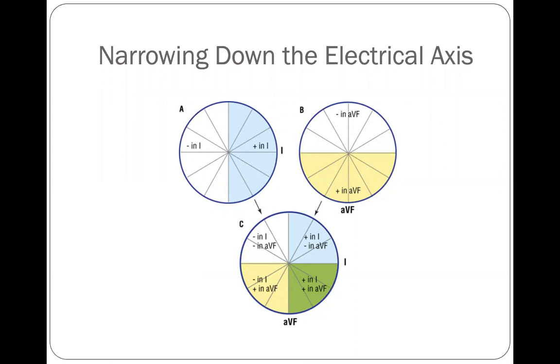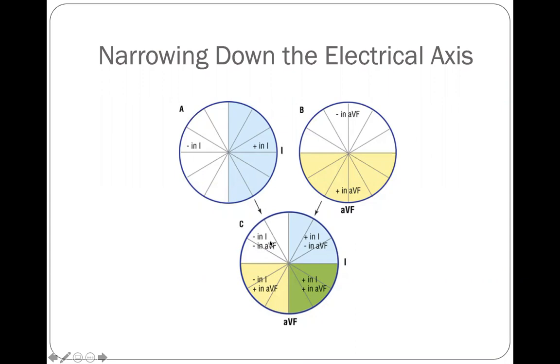If we have a situation where lead 1 is positive, but AVF is negative, then we have to be in this quadrant that goes from 0 to negative 90. If both lead 1 and AVF are positive, then we have to be in this green portion of our quadrant, so from 0 to positive 90. If it's in this yellow quadrant, we have lead 1 as negative and AVF as positive, then we'd be in the 90 to 180 quadrant.